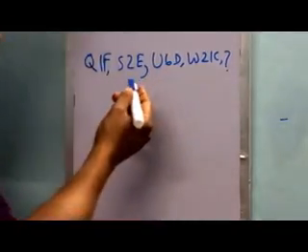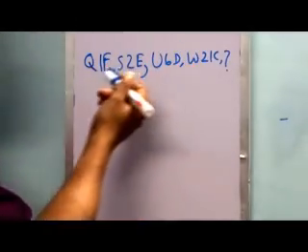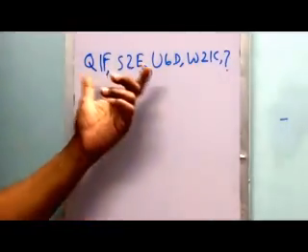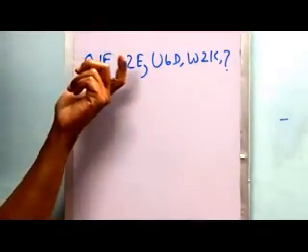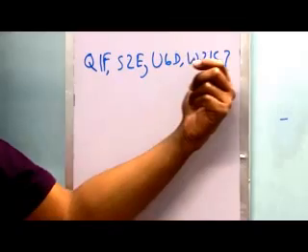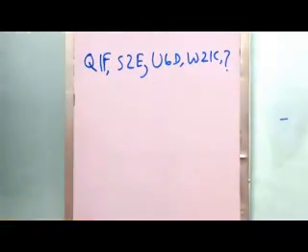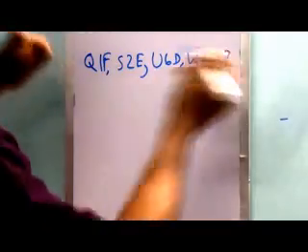As I told you a few minutes back, this is a combination of letters and numbers. So you get both the letters Q, F, S, E, U, D, W, C and the numbers 1, 2, 6, 21. So we have to find the next one. Let's derive the logic here.